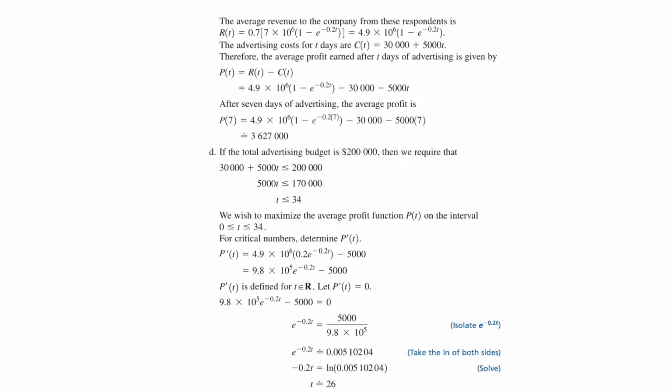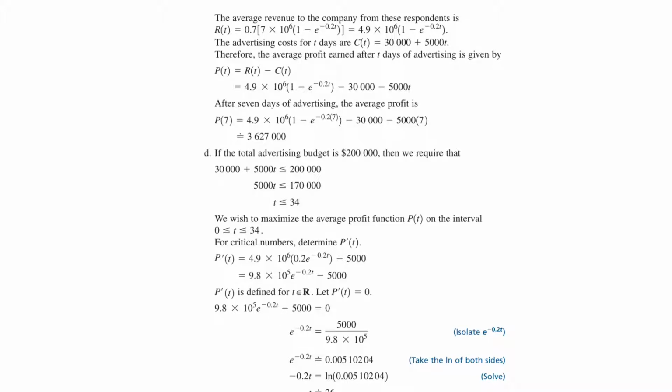By subtracting these two functions, P(t) would be 4.9 times 10 to the power of 6 times (1 minus e to the power of minus 0.2t) minus 30,000 minus 5,000t. And the average profit after 7 days is $3,627,000. It can be found by simply plugging t into the profit function.